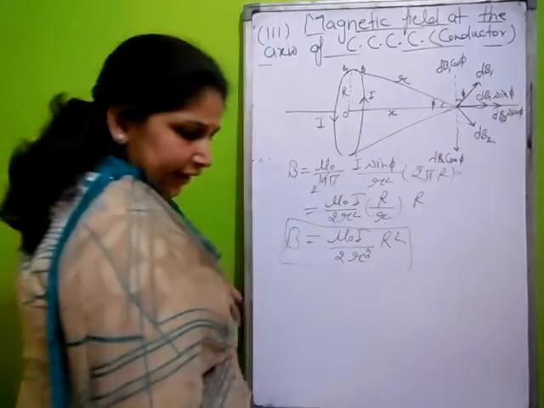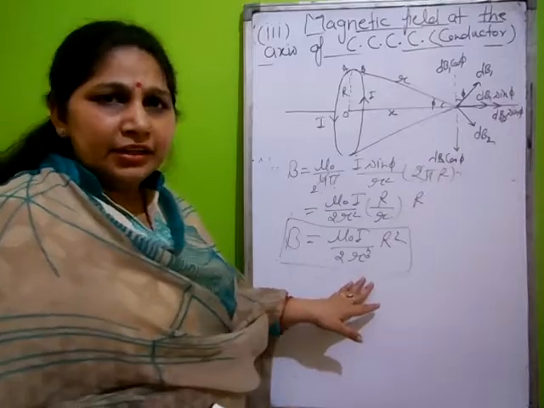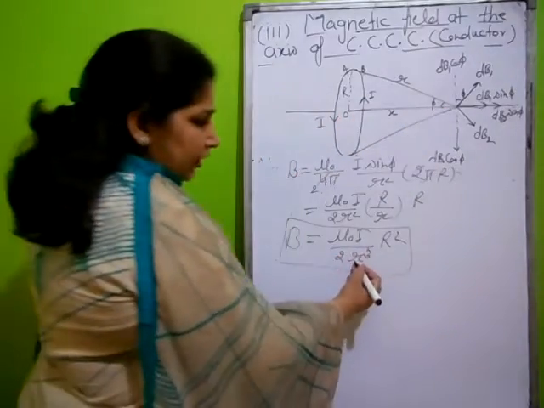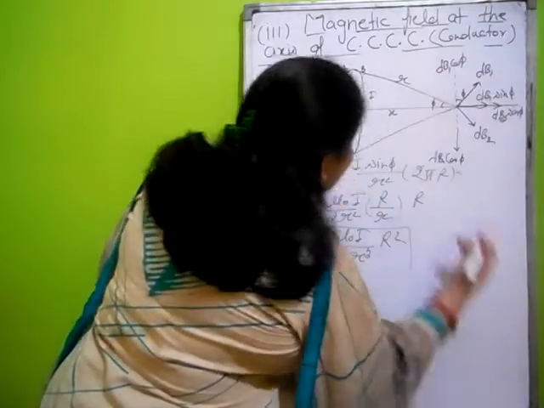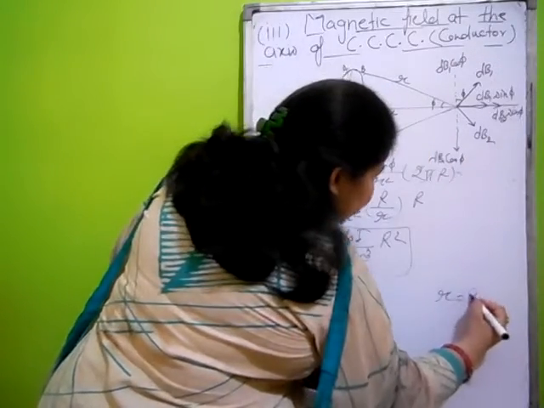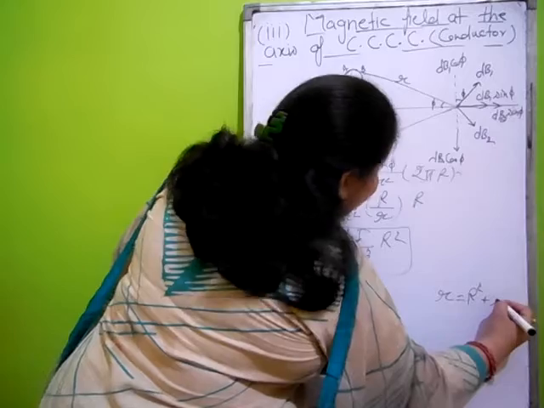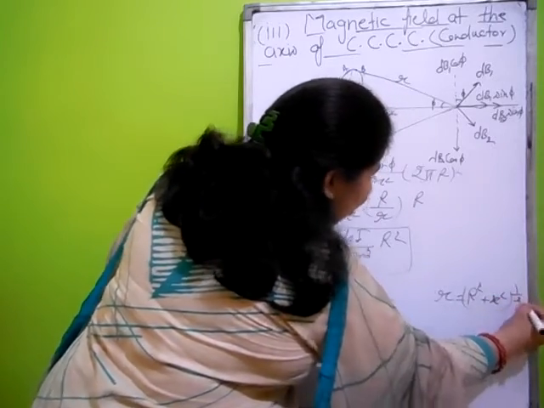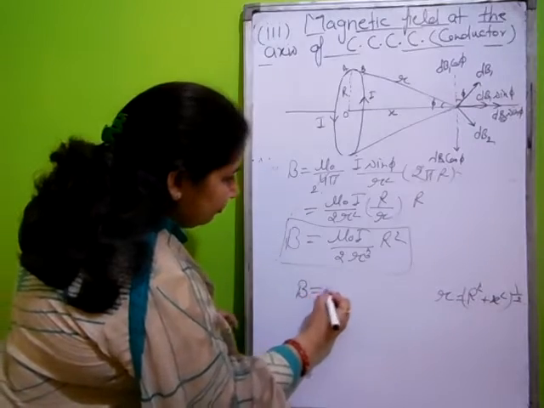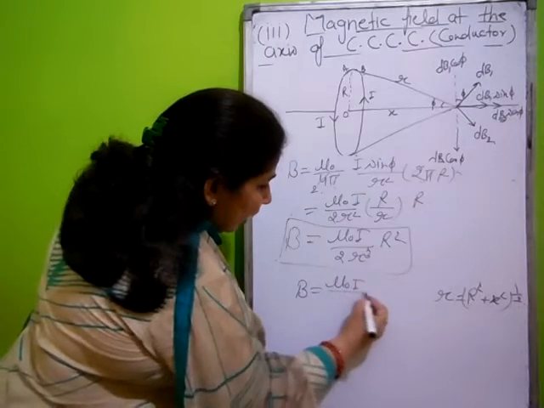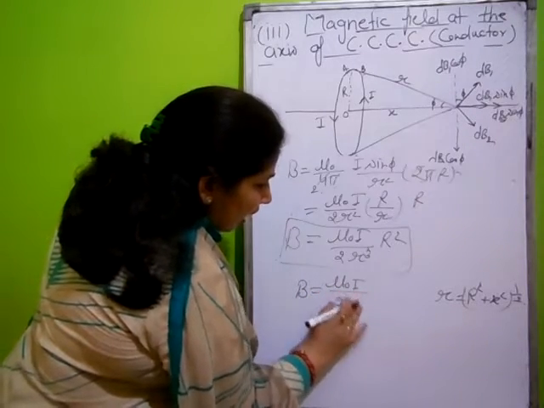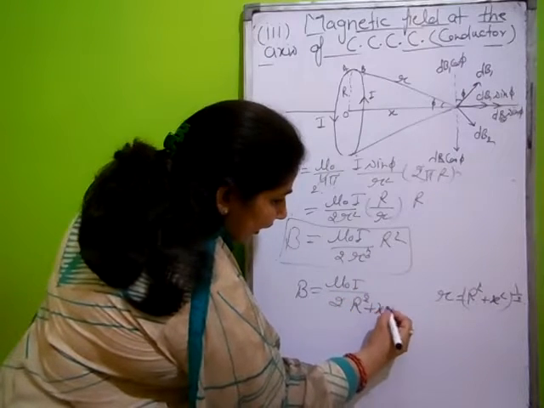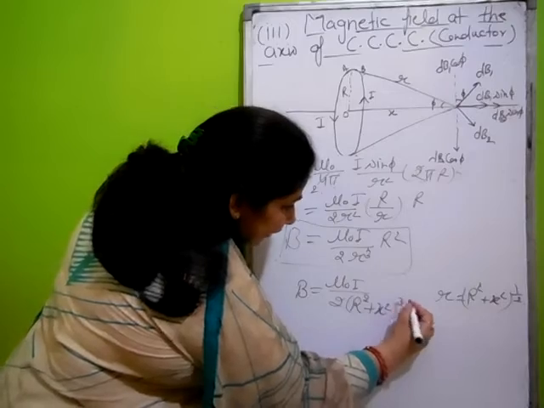Means we have to write this formula in terms of x, as we have considered a point on the axis. Then small r is equal to R square plus x square, to the power 1 upon 2. Then B becomes mu naught I R square upon 2, and in place of r I will write R square plus x square to the power 3 upon 2.